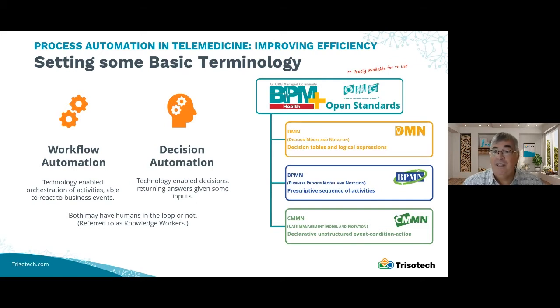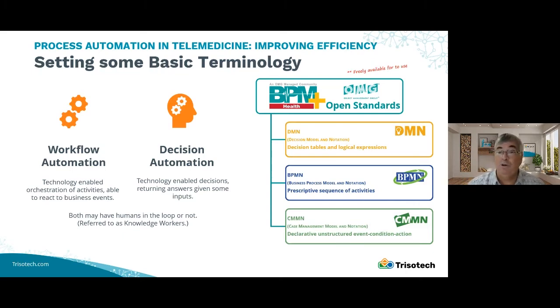One set of open standards that is of interest to us here is everything that has to do with workflow automation, which is this notion of orchestrating activities in order to react to events. Another set of technology is decision automation, which gives us the capability of doing automated decisions.